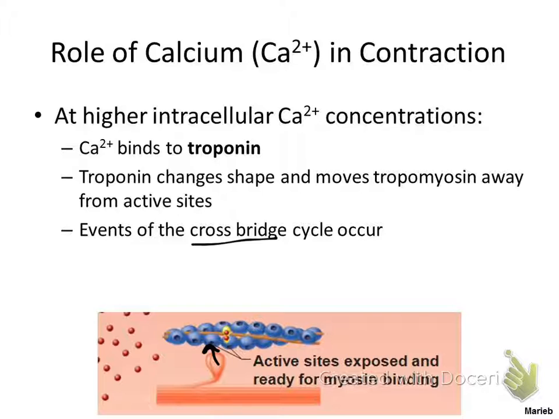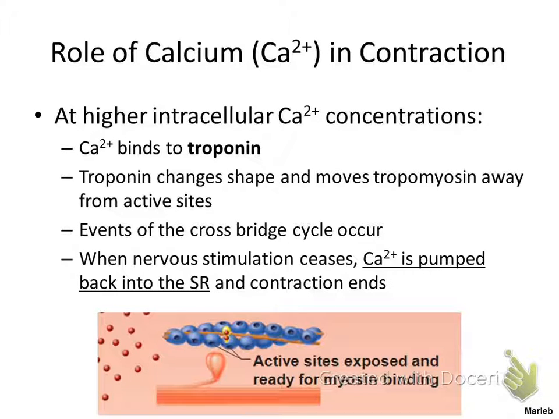Remember that for every on switch, there's an off switch. So we have to think about what's going to help us clear out the calcium, because as long as calcium sticks around, the sarcomere is going to be able to contract because tropomyosin is being pulled out of the way. So what do you think we're going to need to get the calcium back into the sarcoplasmic reticulum? Yeah, we better have an ATP pump working.